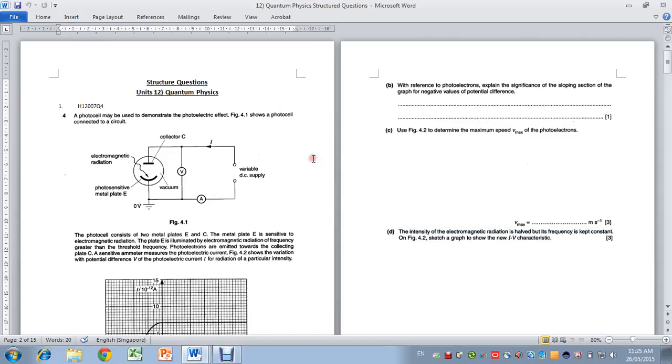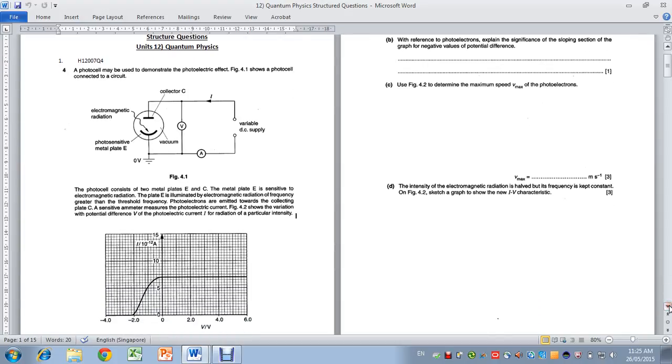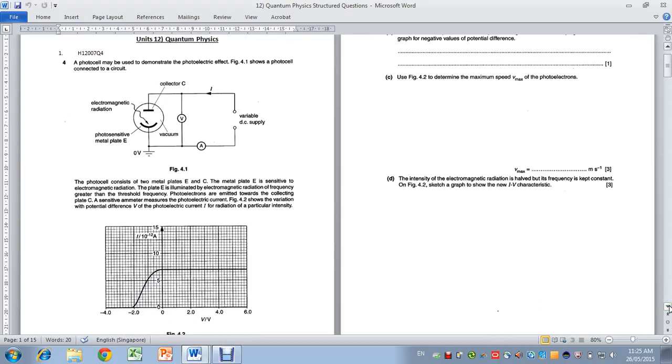Okay, so question number 1. We are given this photocell over here, and we are given the graph corresponding to it. So let's read the question slowly.